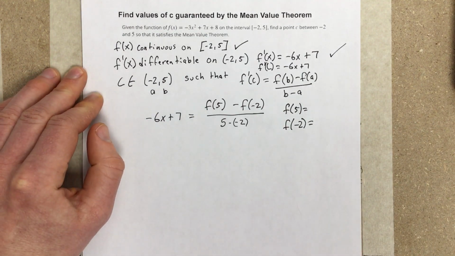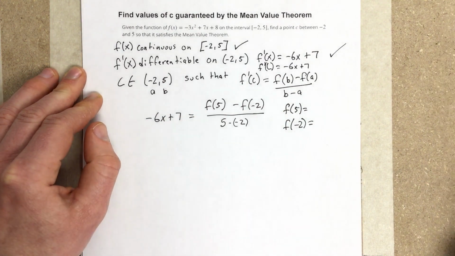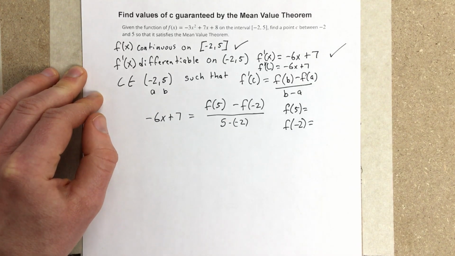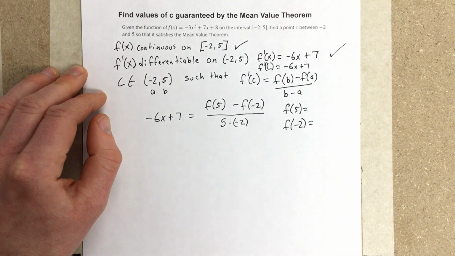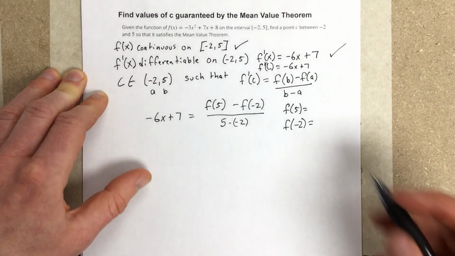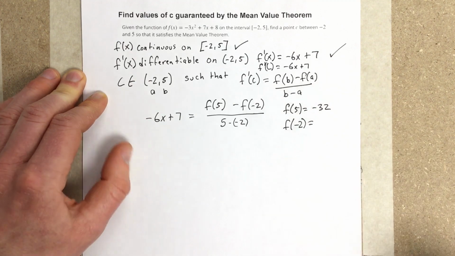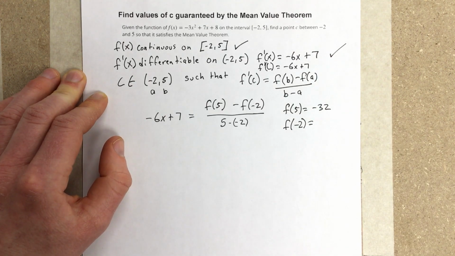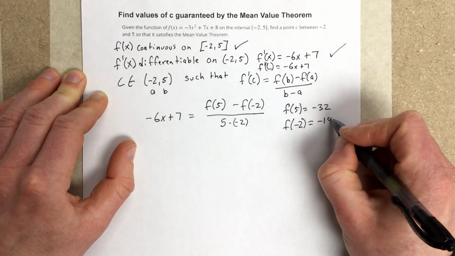When I plug in f of 5, negative 3x squared plus 7x plus 8, and we're going to plug in 5, I get negative 32. When I plug in negative 2, I get negative 18.